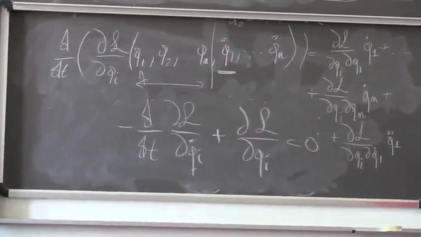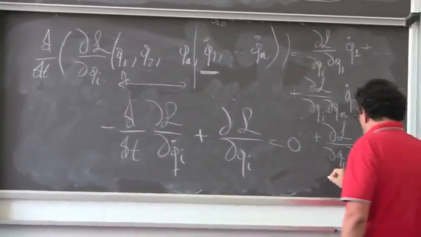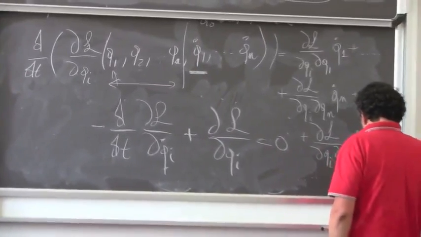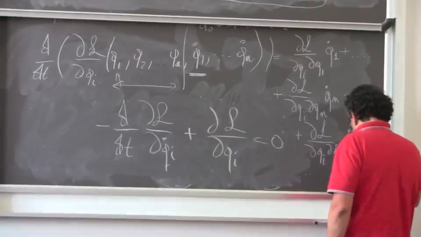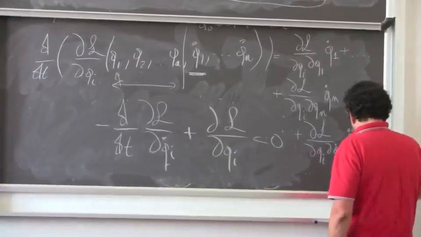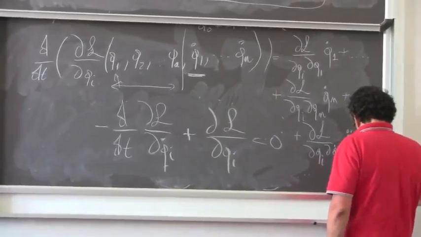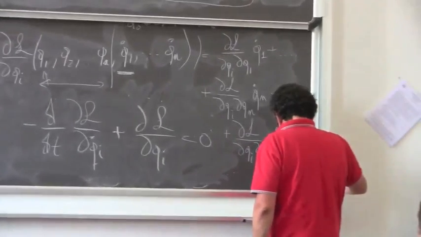Okay. And then I have plus dot dot dot, dL over dq_i dq dot n, q double dot n.